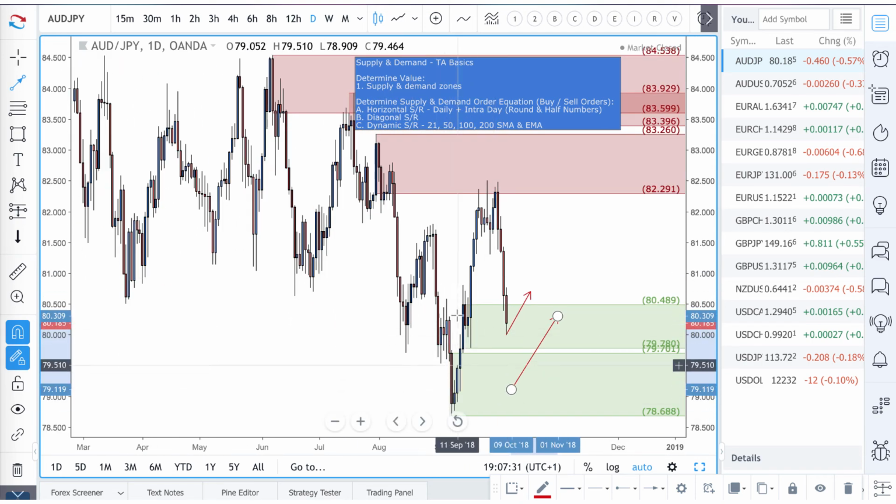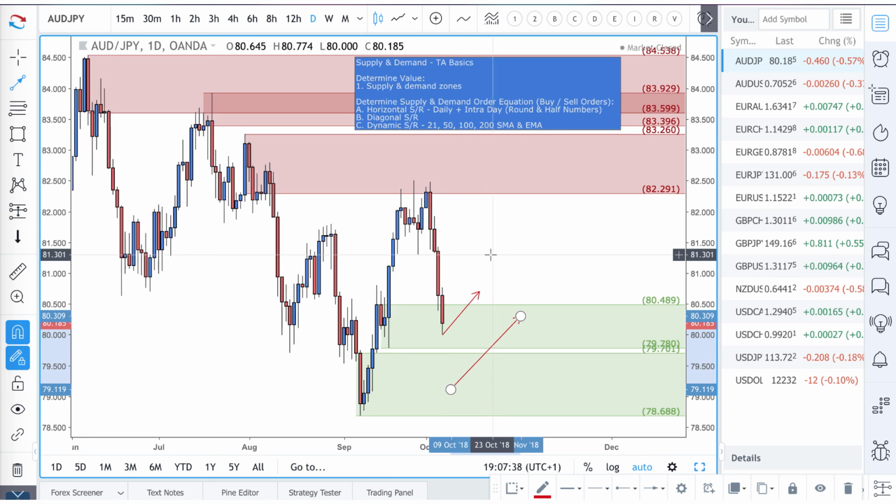Obviously, the Australian dollar has proved to be a potential bargain around here, but just keep in mind as well that the Australian dollar Japanese yen pair is a measure of potential risk within the market, meaning that if we're in a risk on environment, everything is all good, then the Australian dollar should benefit.